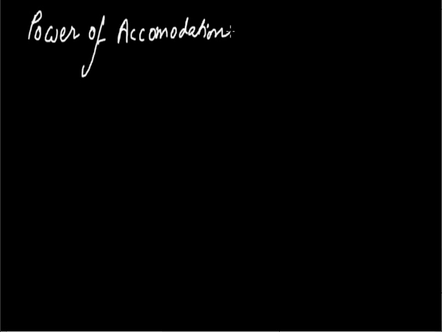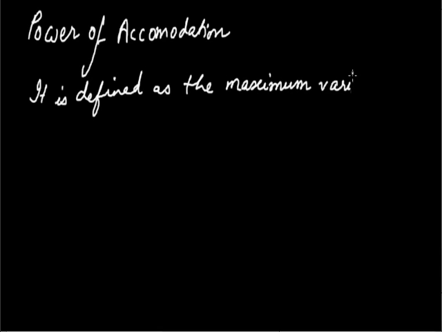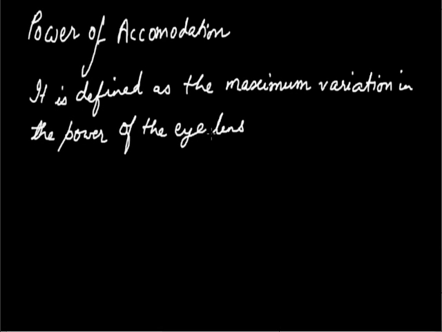Now we are defining an important term, that is power of accommodation. Power of accommodation of an eye is defined as the maximum variation in the power of the eye lens.